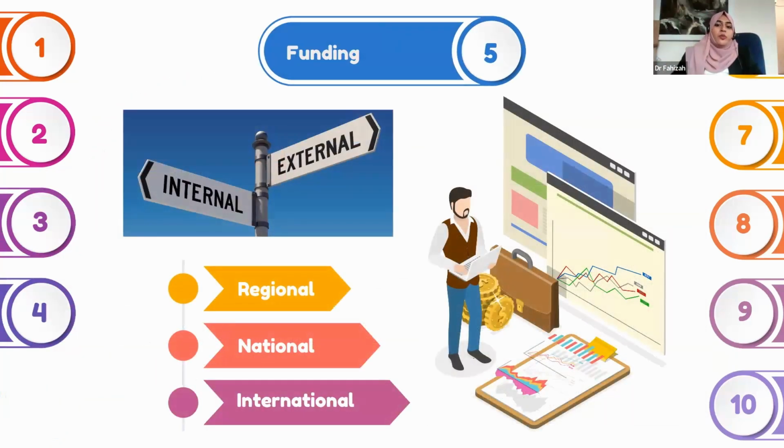Then one of the most important things I think everybody requires is funding for the research work. Now, I didn't know what internal and external research funding was. When I got to it, I understood that internal is something which the university itself provides you.